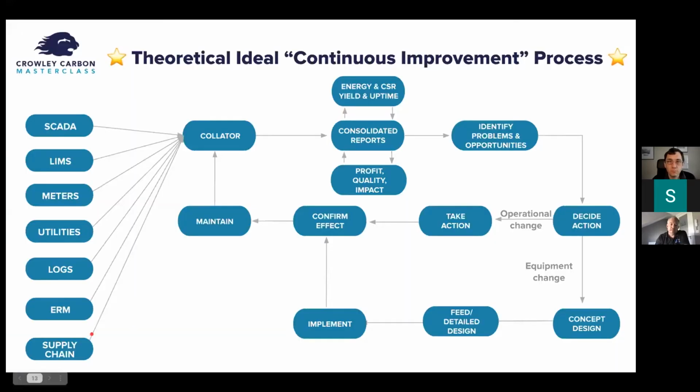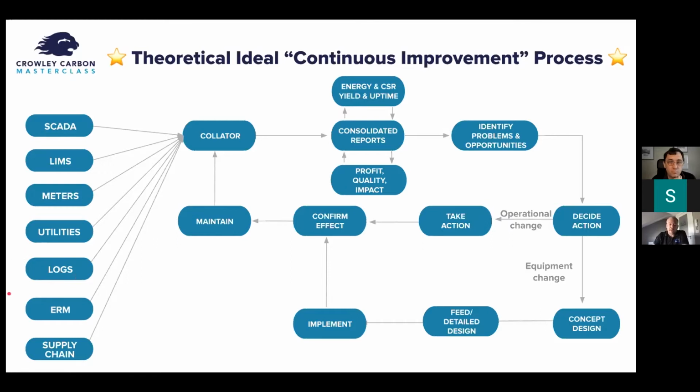What we find is there is a theoretical ideal continuous improvement optimization process, and the data in most industrial factories, sectors, sites is broadly similar, and it starts here on the left-hand side of the screen, whether it's SCADA control systems and information systems, laboratory and quality information management systems, meters, the utility plants, boilers, compressed air, refrigeration plants, vacuum systems that are servicing the plant, and the logs associated with those equipments and the shift logs, production logs, and so on.